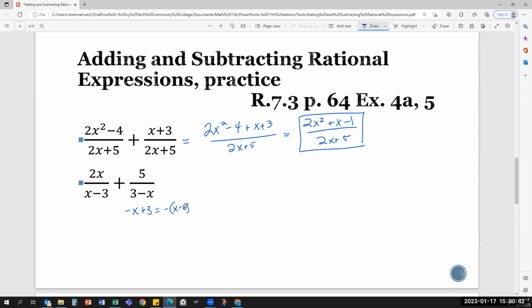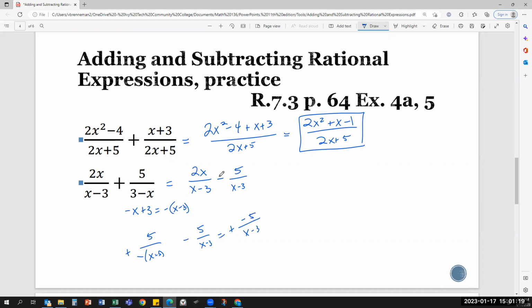So one way to think of it is 2x over x minus 3 plus 5 over negative x minus 3, which could be written as minus 5 over x minus 3, or as plus negative 5 on the top, over x minus 3.